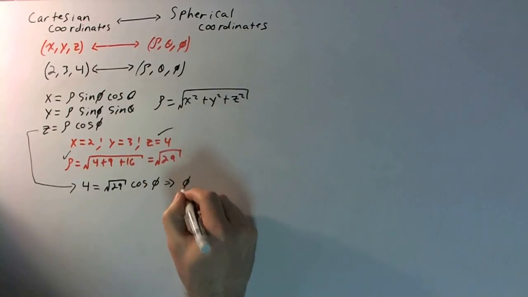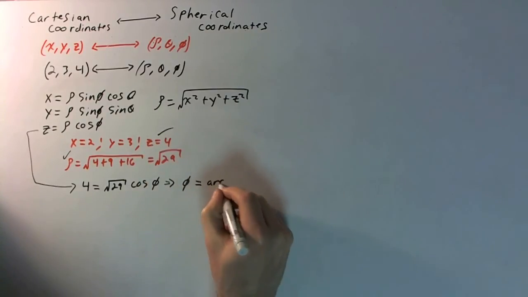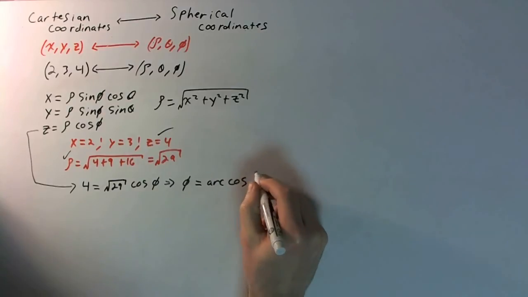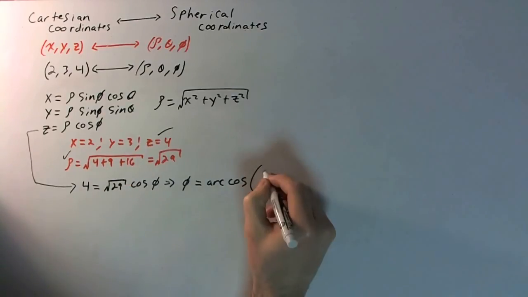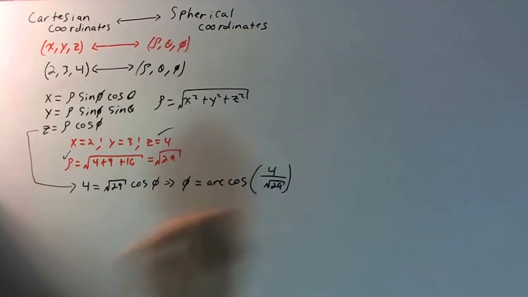So we get phi is going to be equal to the arc cosine of 4 over the square root of 29. And I didn't choose my numbers correctly because that's not really a great number to take the arc cosine of, because it's obviously not rational. And if I can find my calculator, way to be prepared here.